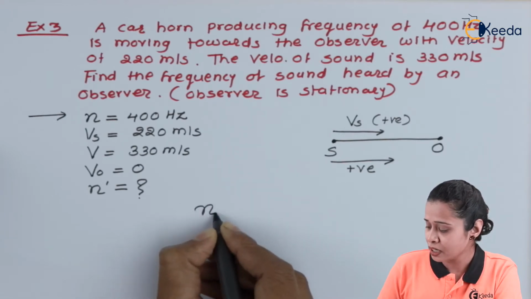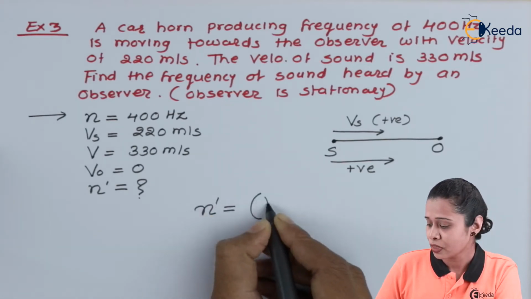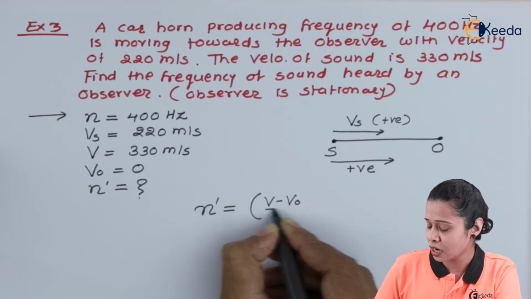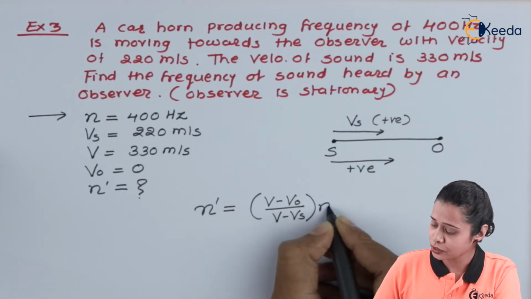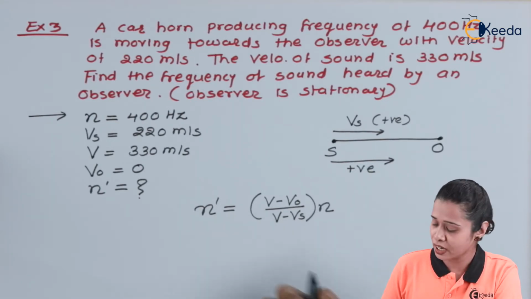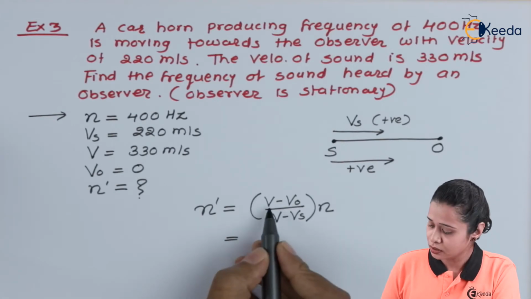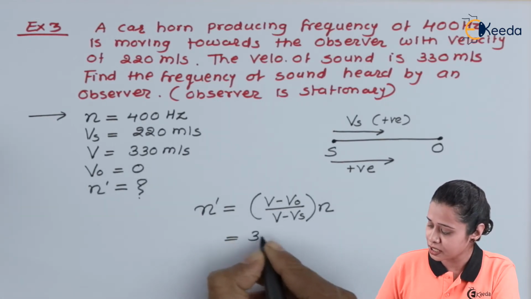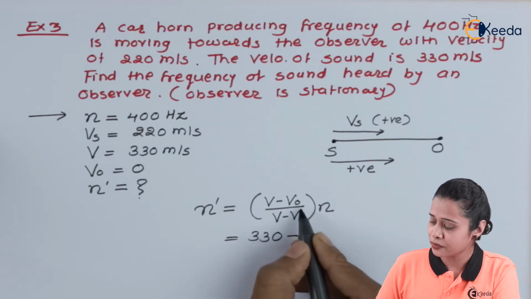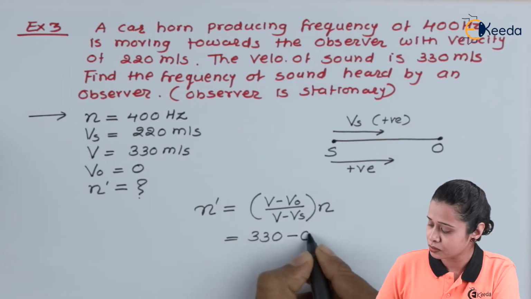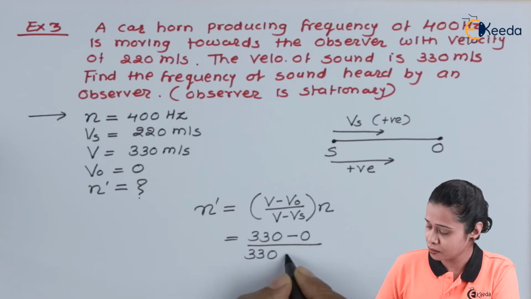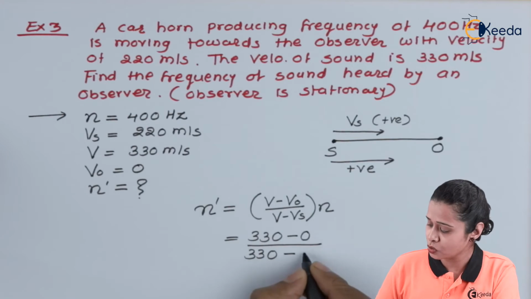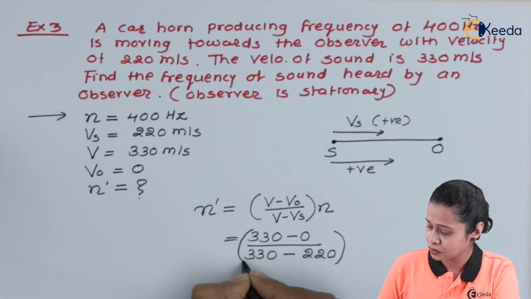Now we know the formula for apparent frequency. Formula is apparent frequency is equal to V minus V0 upon V minus Vs into actual frequency. Let us substitute the values. The velocity of sound V is 330 meter per second minus the velocity of observer is 0, upon velocity of sound, that is 330 meter per second, minus velocity of the source, that is 220, into n.